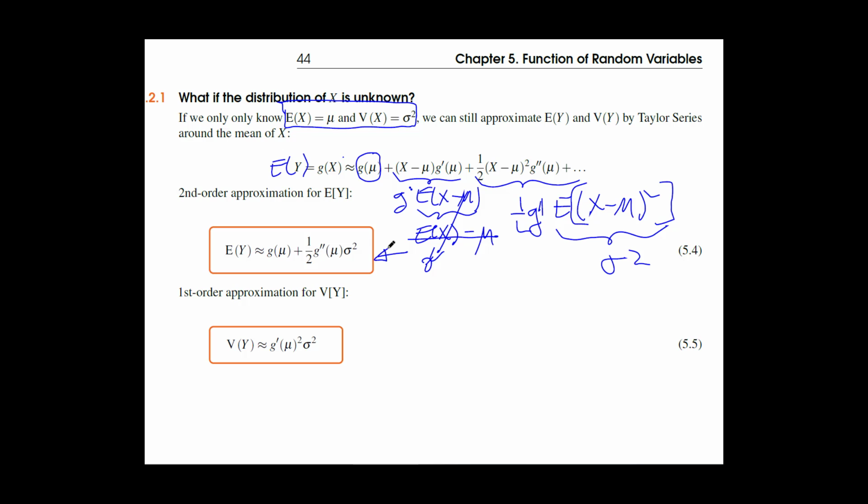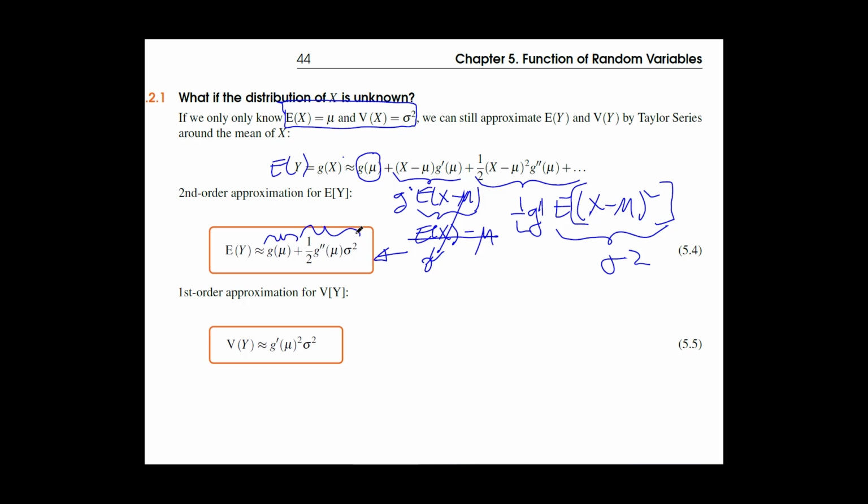And that's how we come up with this equation, which is the expected value of y in the second order approximation. We take the function evaluated at the mean of x, and we said that this term was the lazy approach: g of mu. The second term right here is a correction for the bias. Remember we said when the function was linear, then it doesn't matter which one you use.